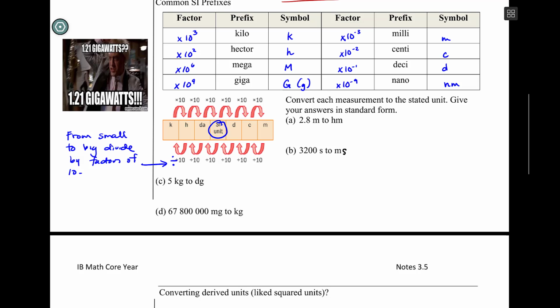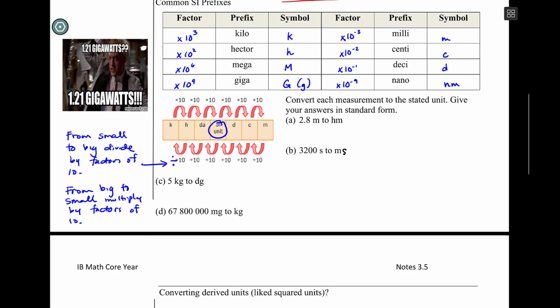If, however, we are going from big to small, so from a much larger unit of measurement to something smaller, like kilometers to meters, we are going to be multiplying by factors of 10. Now, why is that? That seems really backwards, doesn't it? Well, here's the thing.